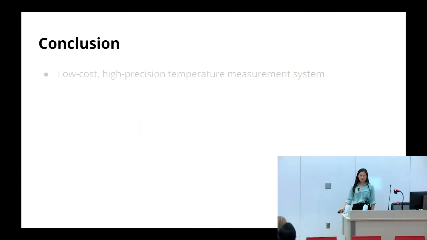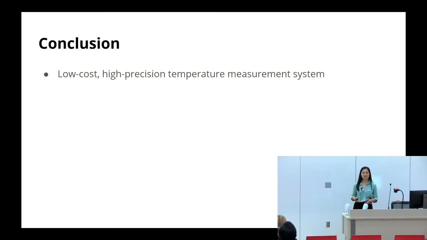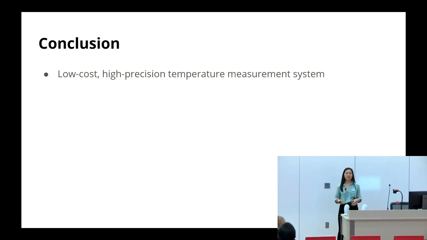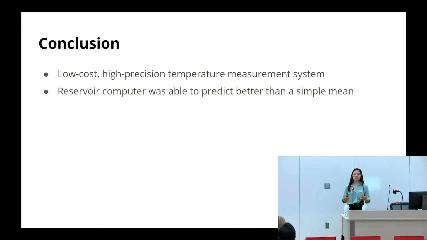In conclusion, I developed a low-cost, high-precision temperature measurement system, and the reservoir computer was not so successful at the prediction task, but it was definitely more successful on the inference task.